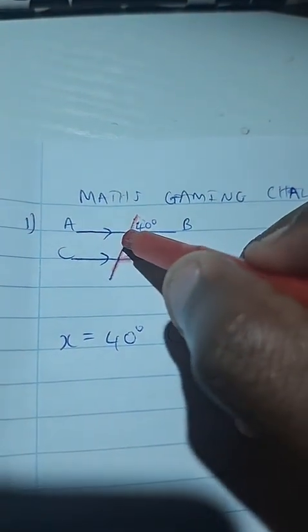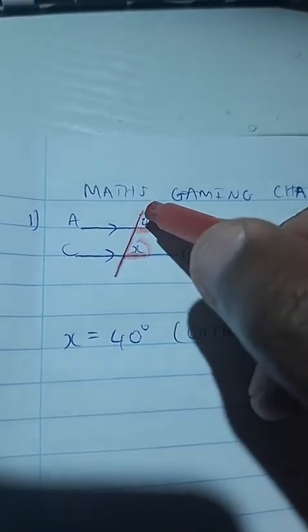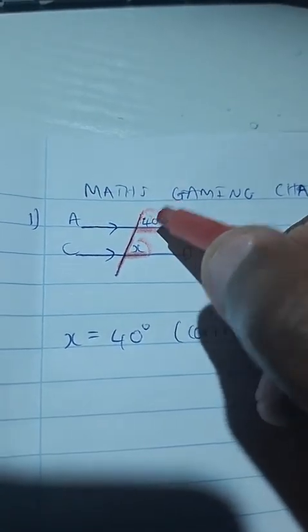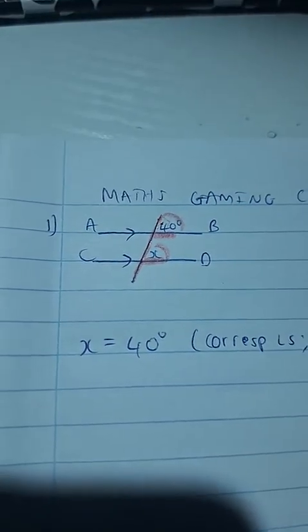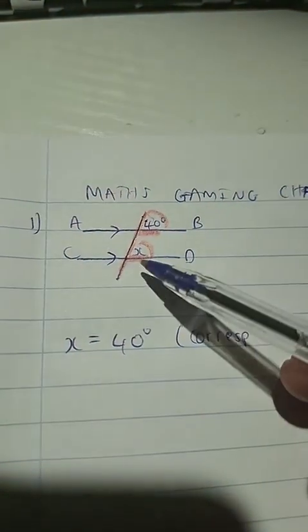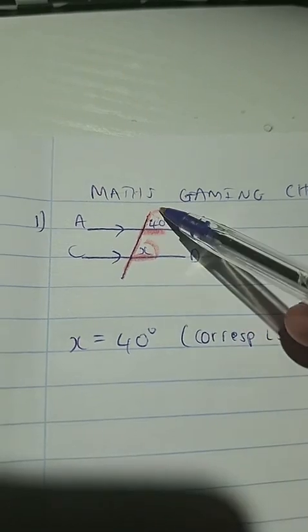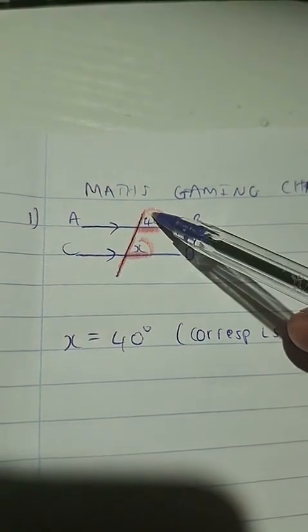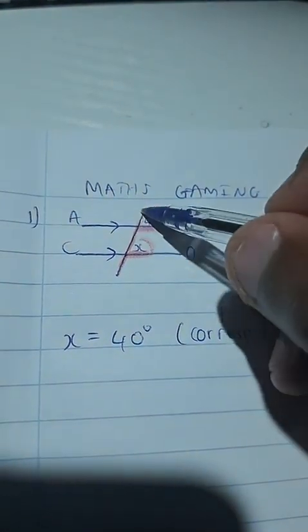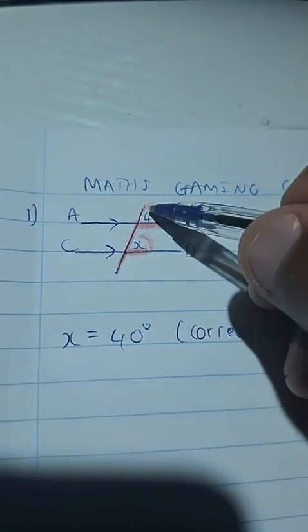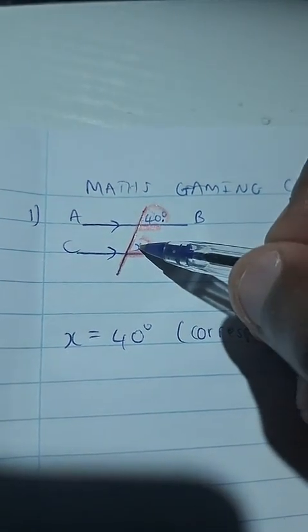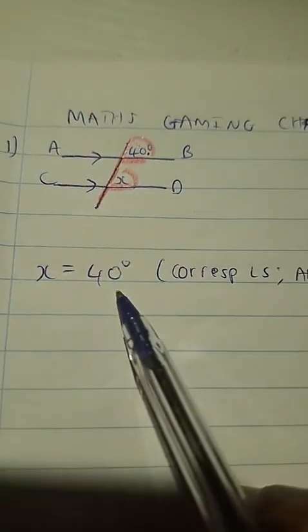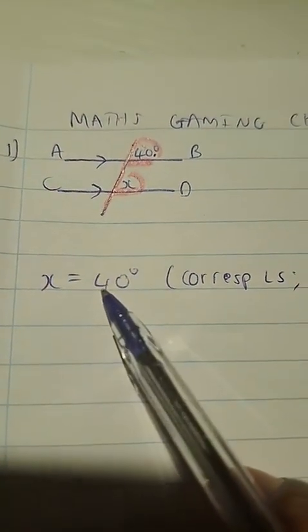And you can see X is on top of this parallel line, 40 is on top of that parallel line there. So we have an on top situation. Since we have an on top situation, and F is the letter of interest, that means that indeed X is equal to 40 degrees.